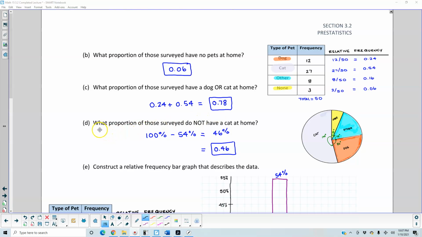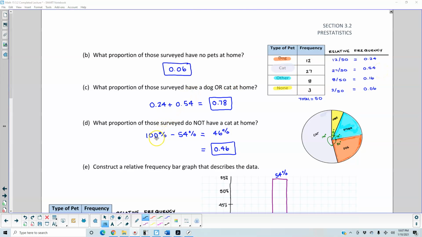For part D, it says, what proportion of those surveyed do not have a cat at home? Well, first and foremost, we know that the relative frequency for cats is 0.54 or 54%.